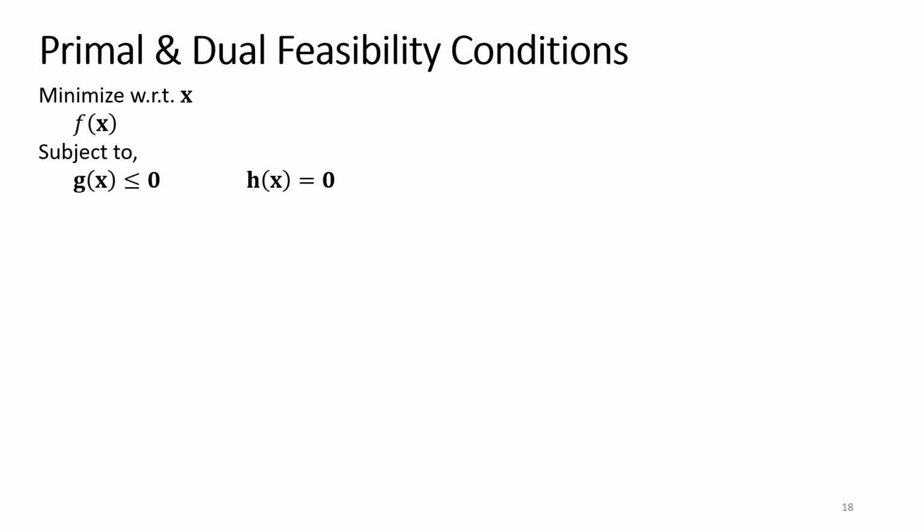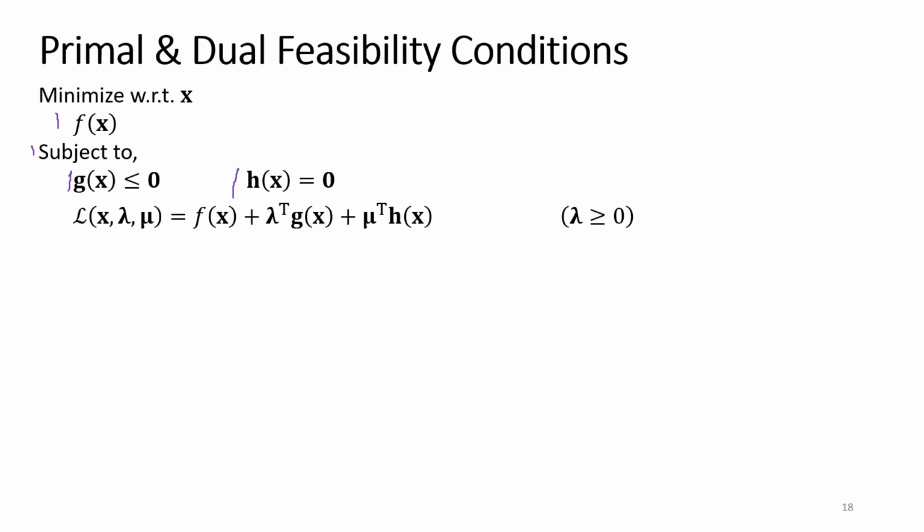Now let's begin identifying all the conditions for local optima of x. So we minimize with respect to x the objective function f of x subject to the inequality constraints and the equality constraints.